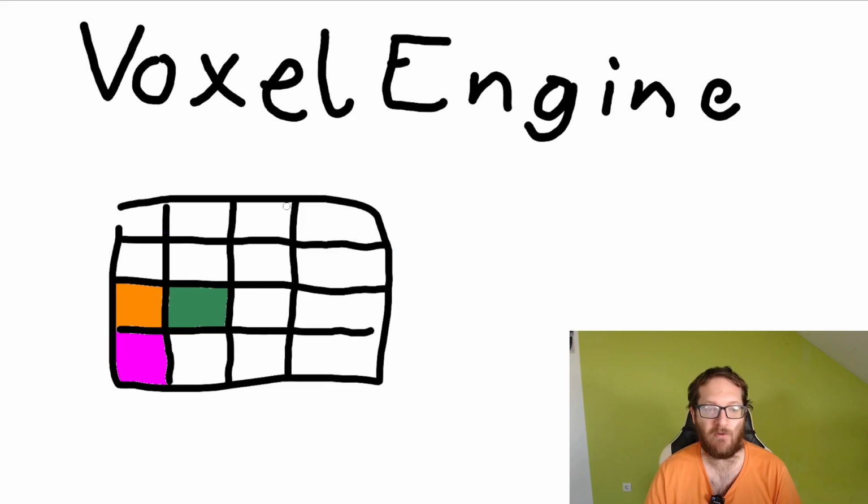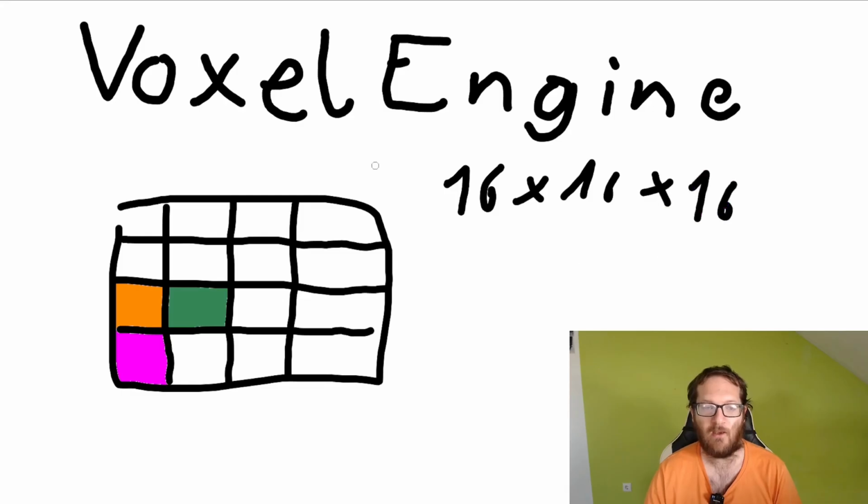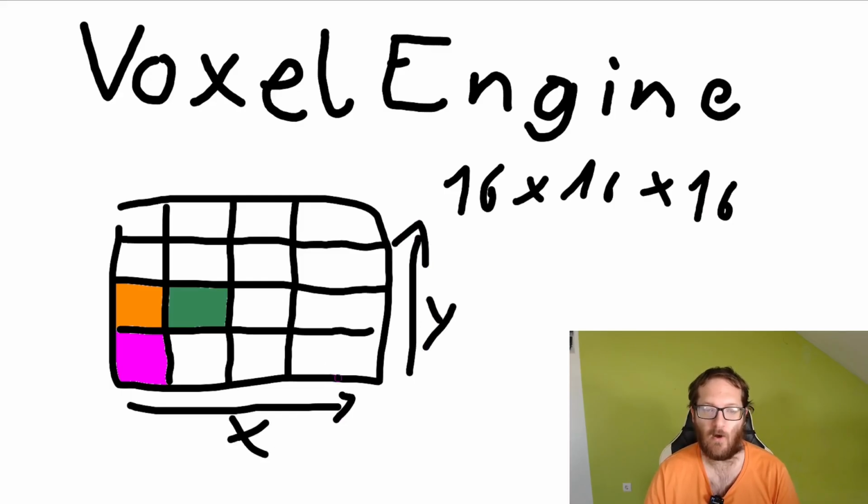So we have a three-dimensional grid. We don't just have one layer. Let's say we have a grid of 16 by 16 voxels. This would be an image. For voxels we have three dimensions. We just add a Z layer. So here we have the X axis, this is X, this would be Y. And in voxels we then have additional layers on top of this, which would be the Z layer.